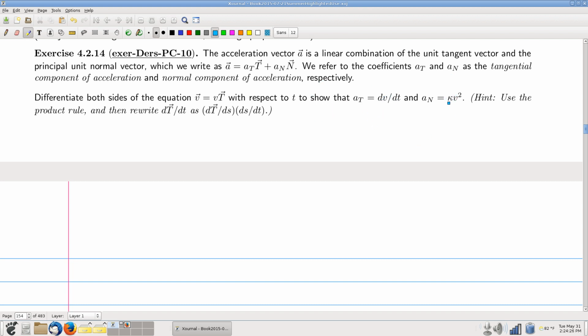Okay. So for the moment, v equals vt, and let's differentiate both sides of the equation. Okay. All right. Well, now notice I've got a vector that's a product of a scalar and a vector, so I've got to use a product rule appropriately.